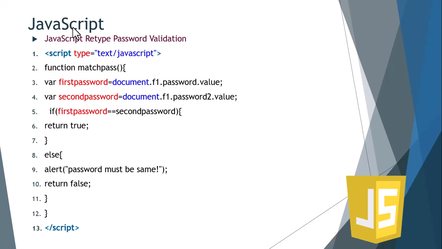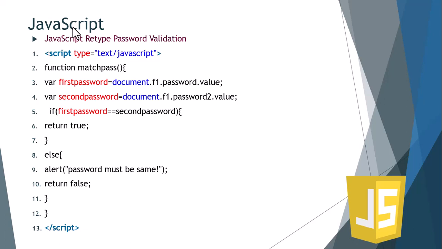Like the example I gave in the previous tutorial, whenever you want to register for a particular thing online, you will always see that there is space for you to retype your password. There is a JavaScript that is used to check the first password you inputted against the second password you put in.